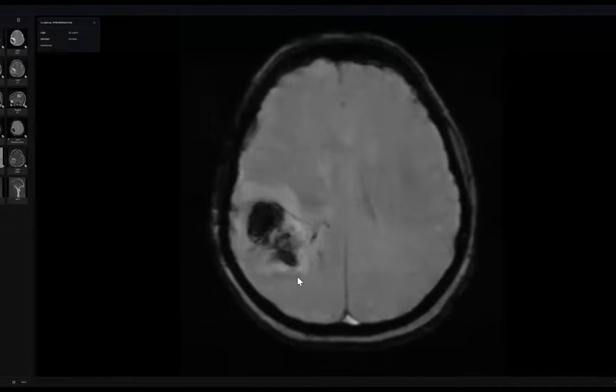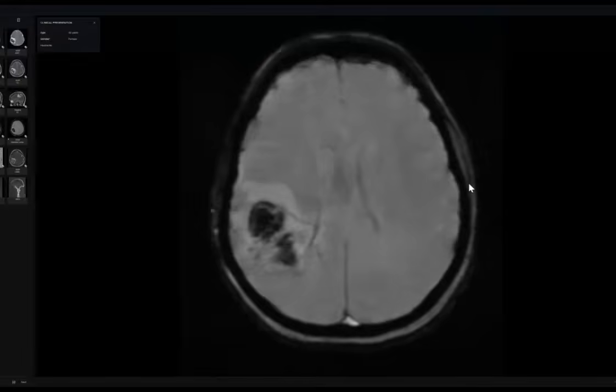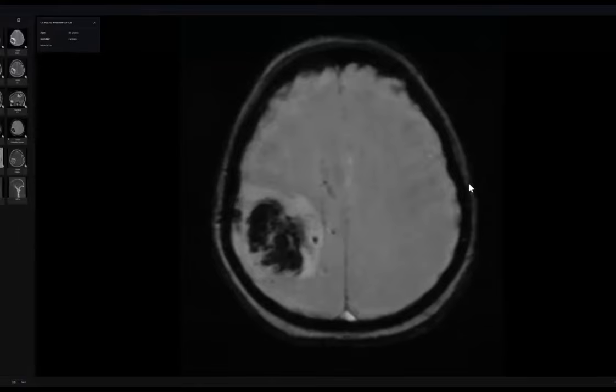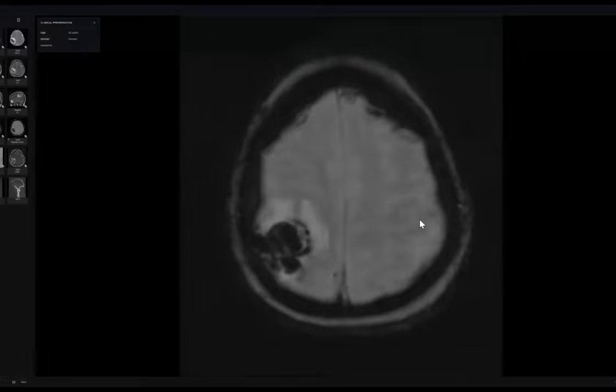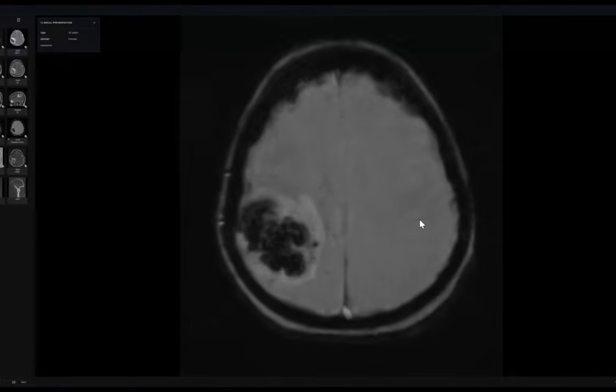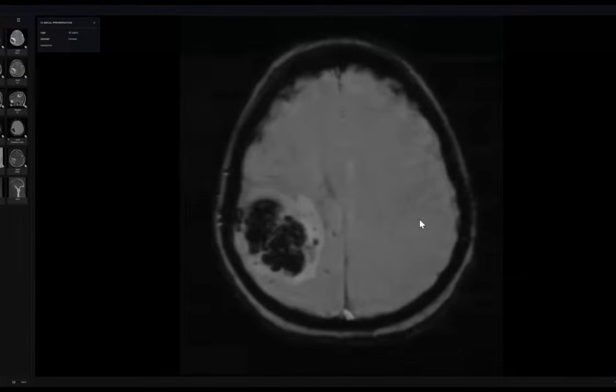What is the name of this sign? Why is this hemorrhage here in SWI very black? What do we call this? This is the blooming. Excellent. Why does bleeding cause a blooming artifact in SWI? The hemosiderin content is darkened as the blooming.